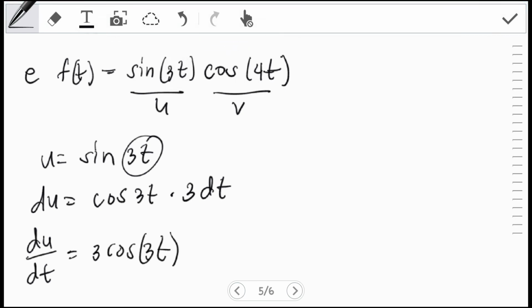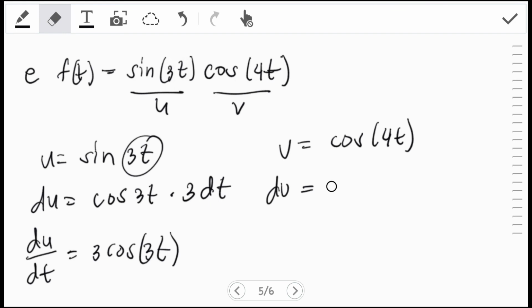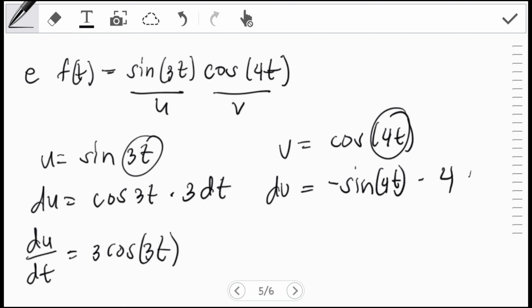Another is v equals cosine 4t, where dv is the derivative of cosine, that is negative sine 4t, then the derivative of 4t, times 4 dt. So dv over dt is negative 4 sine 4t.